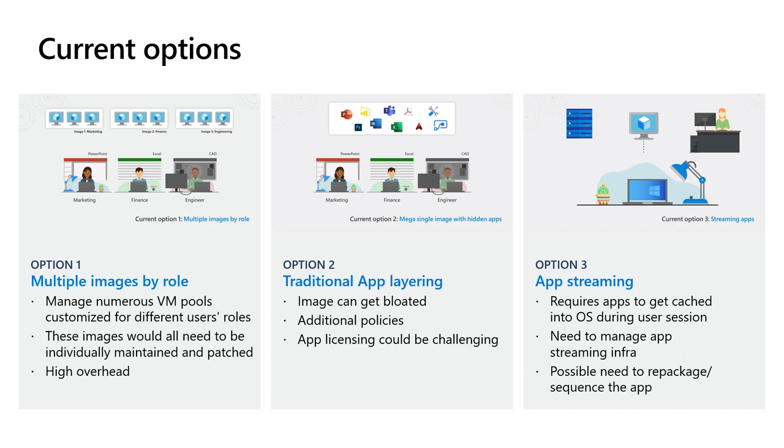In general, and of course we have a lot of partners who do this pretty efficiently today, this leads to a larger than necessary image size. And then you might run into some complications, not insurmountable, around app licensing.